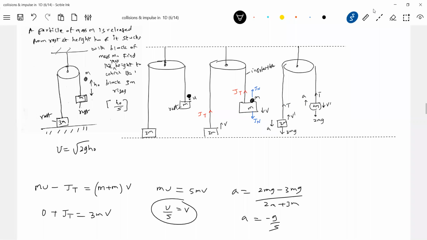Finally, what happens? The blocks will come to instantaneous rest. So here, this will be 2m.